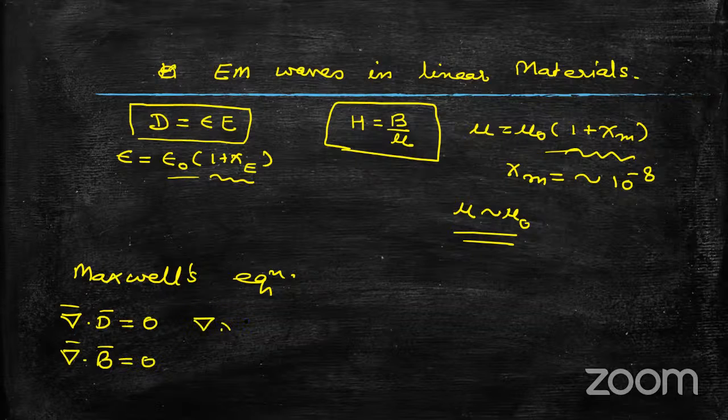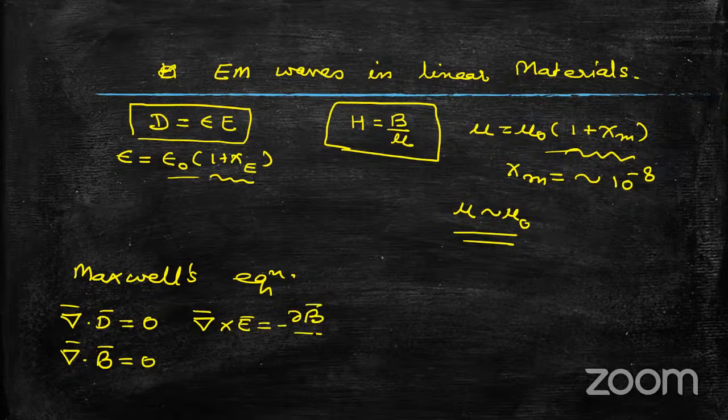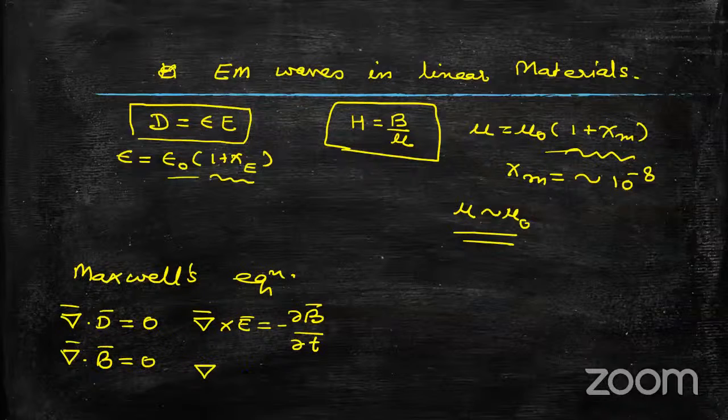The third equation remains as it is because it does not have any sources, irrespective of whether you are talking about a material or not. The last equation and the first equation are the ones which are going to change.